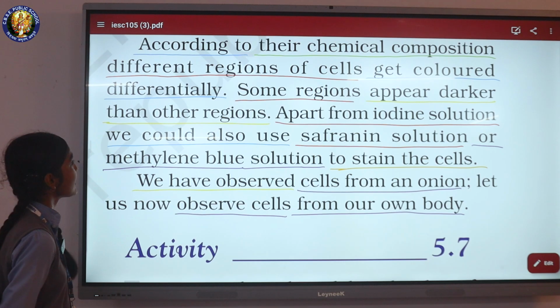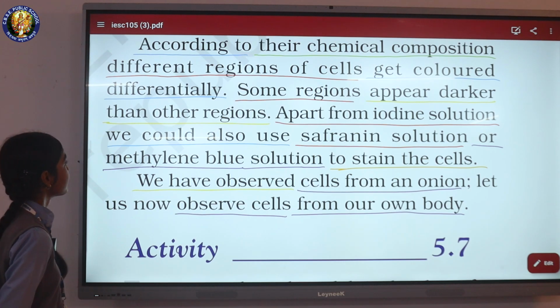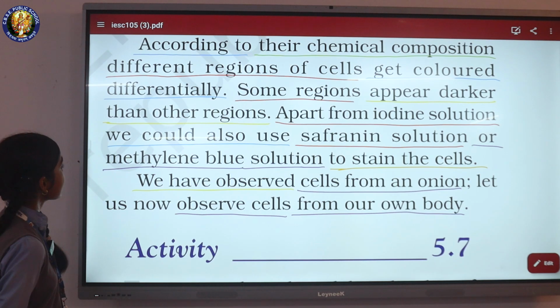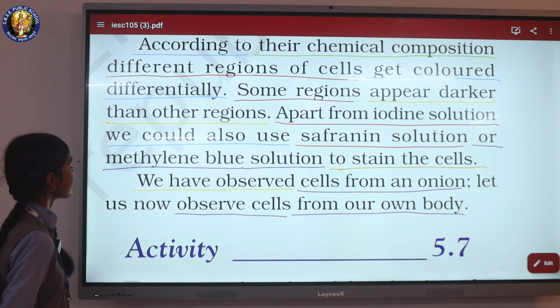Apart from iodine solution, we could also use safranin solution or methylene blue solution to stain the cells.